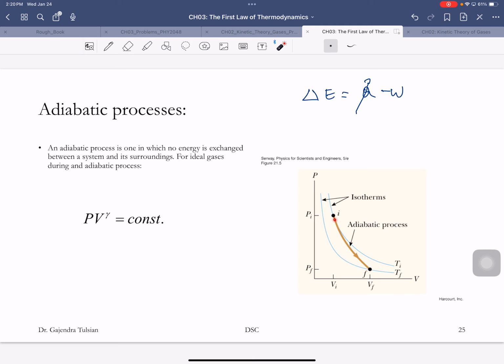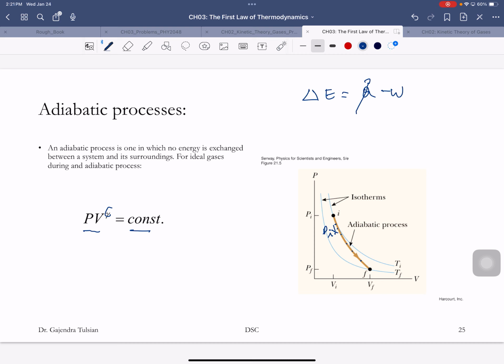So here is an adiabatic process, and what this is telling you is, you can take any point on the curve. So this is Pi Vi, and Pi Vi to the power gamma is constant. So on every point on the curve, Pi Vi to the power gamma is constant. That's what it's telling you.